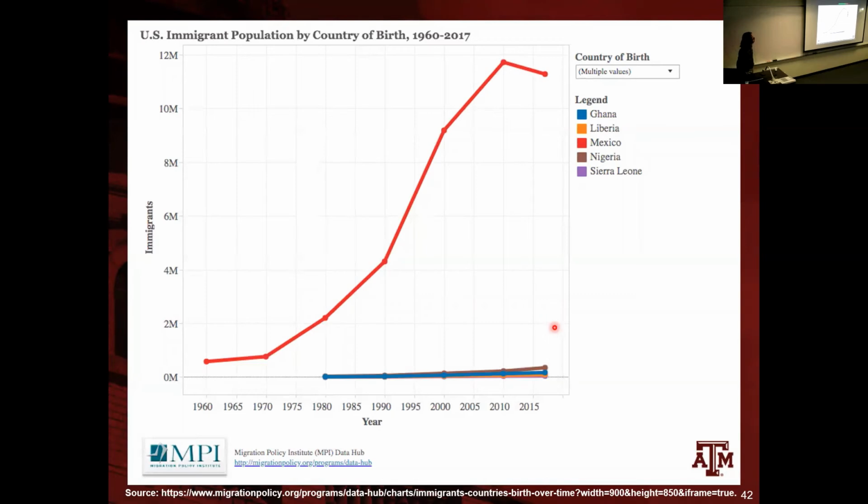And here I did a study, I recently published a paper that's available in my course website. And we started analyzing these flows of recent immigrants coming from West Africa, from countries that speak English.